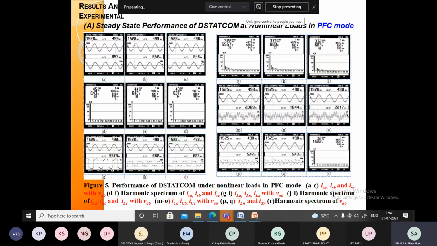Let us see how we can test this by experiment. First, run the system in PFC mode only and see the voltage. In PFC mode, we ran the system at 160 volt and increased the load current.